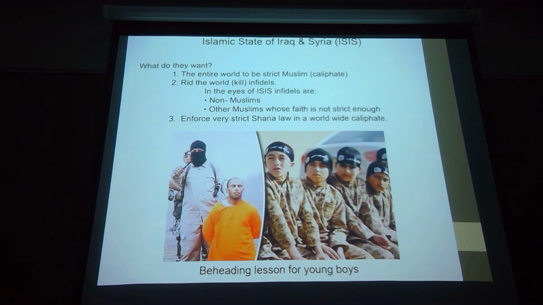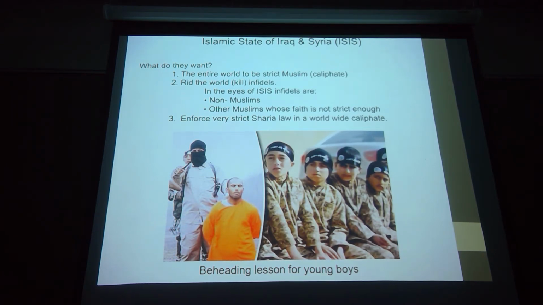What do they want? Okay? What does ISIS want? This is not just terrorism as a whole. What does the current ISIS want? They want the entire world to be strict Muslims. They literally want it to grow over the entire world, not just the Middle East. They are Al-Qaeda on steroids.